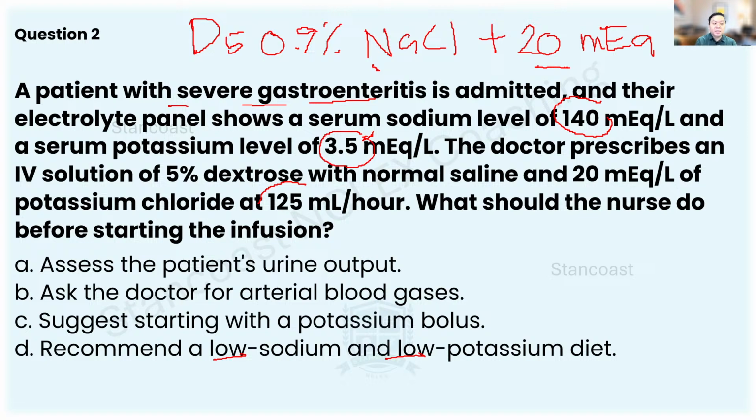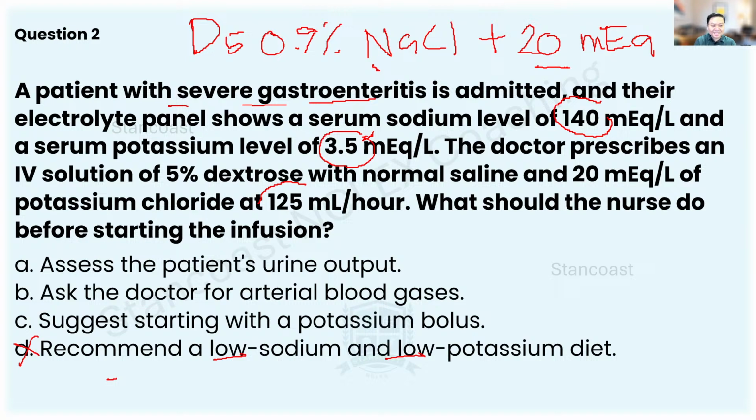There's nothing worrisome about the 3.5. And as we know, dietary interventions are not immediate actions before an intravenous therapy. What should be your focus this time is to monitor this patient for potential hypokalemia. So we are marking letter D as a wrong option. It is not an immediate action, and of course, it is not going to deal with this patient that is about to take this IV fluid.